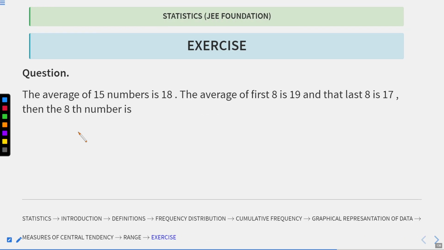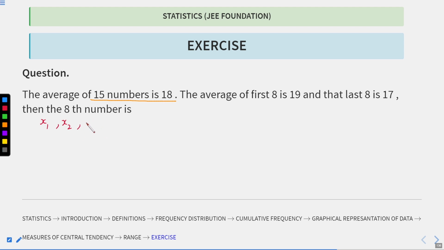So in this question, my average of 15 numbers is 18. So let's say the first number is x1, the second number is x2.